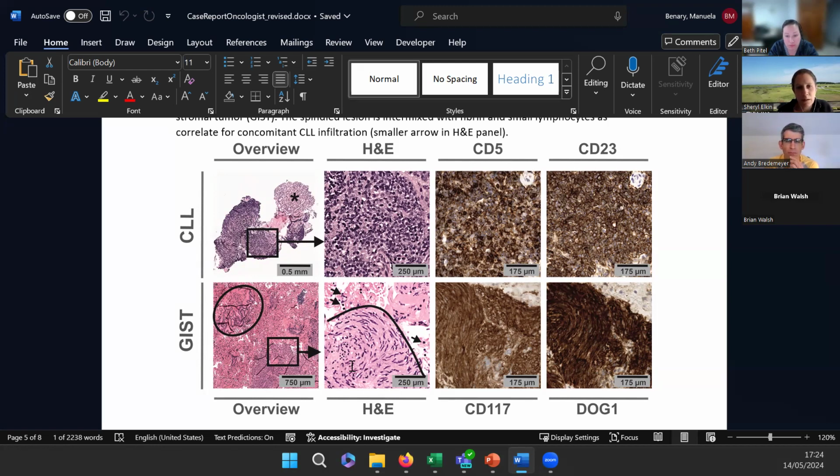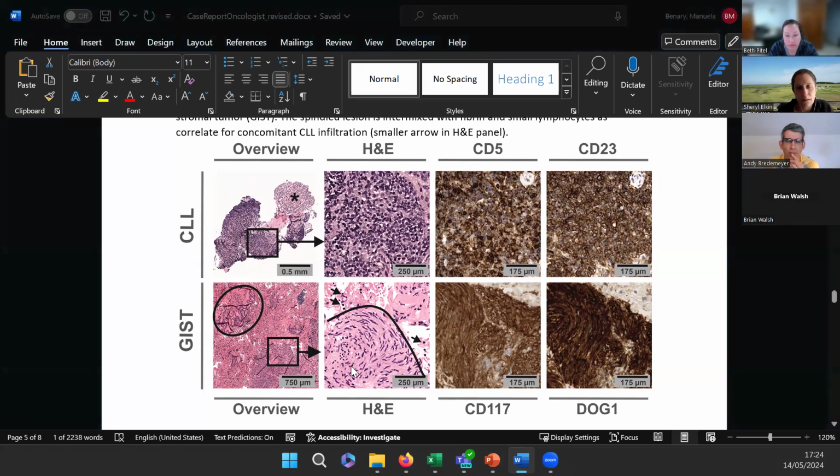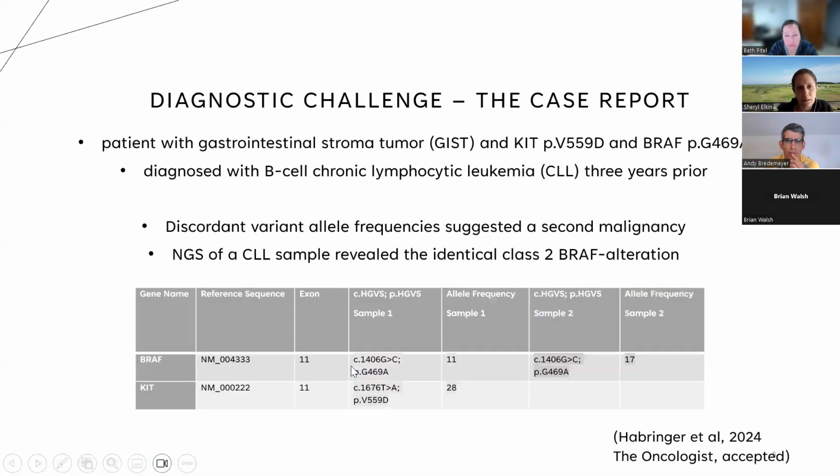Yes, but we did find it in the CLL in exactly the same position. So that's why the assumption was that this is really coming from the CLL.